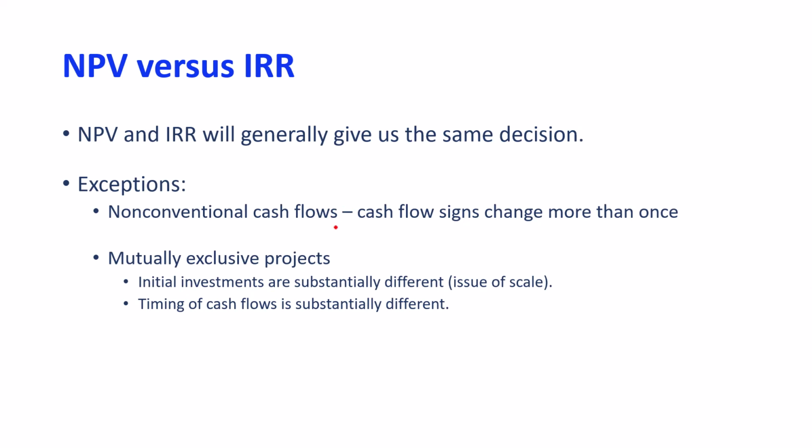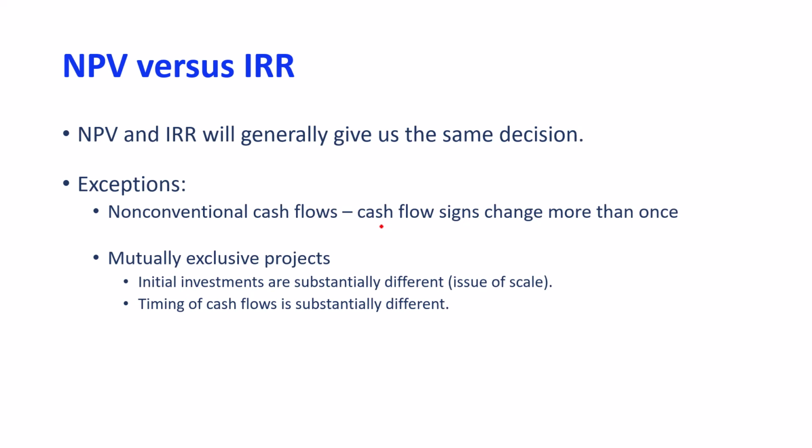When you have non-conventional cash flows, meaning that when cash flow signs change more than once, or when you have mutually exclusive projects where the initial investments are substantially different or the timing of the cash flows are substantially different, then IRR and NPV might not agree.